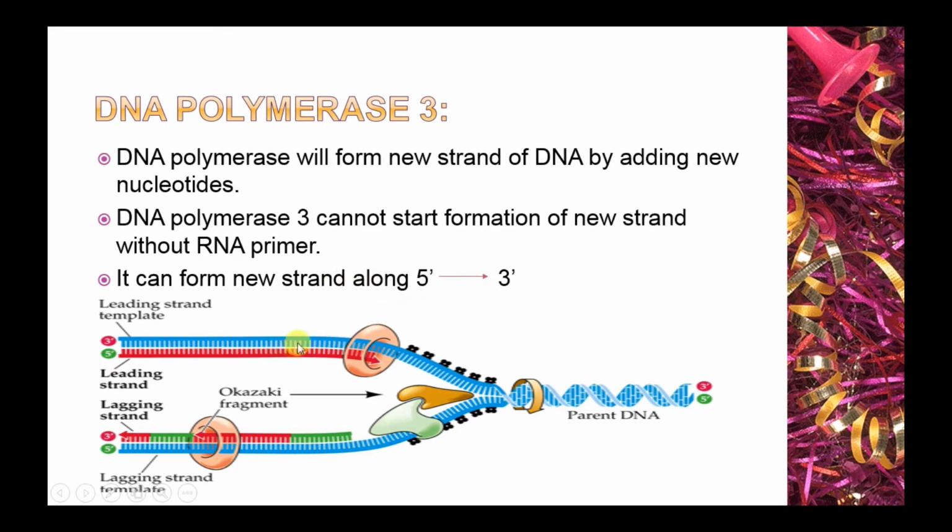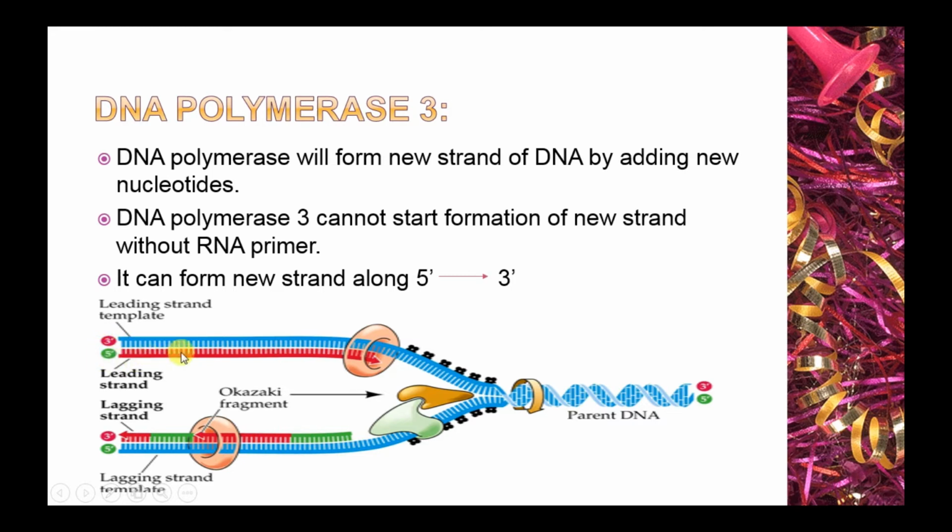The parental strand here starts from the 3' end, so the new strand of DNA will form from the 5' end and will move towards the replication fork, and this end will be the 3' end. So the leading strand is a simple one, because it just starts from the 5' end and ends towards the 3' end.